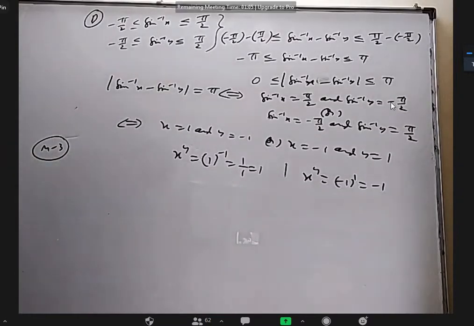Okay, so the total first matching, anybody has any doubt? Okay, third matching I think quite simple, we'll be able to do it easily.